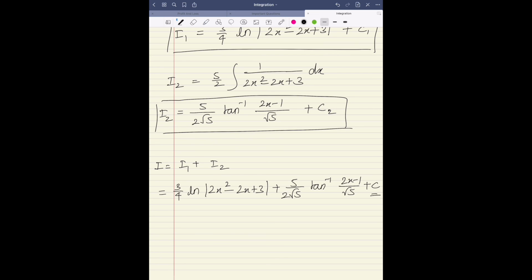Now if you're wondering where did the c1 and c2 go, first of all, provide this cool signature over here that this is your answer, and c is nothing but where c is equals to c1 plus c2.